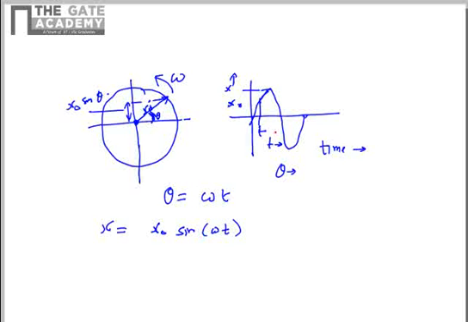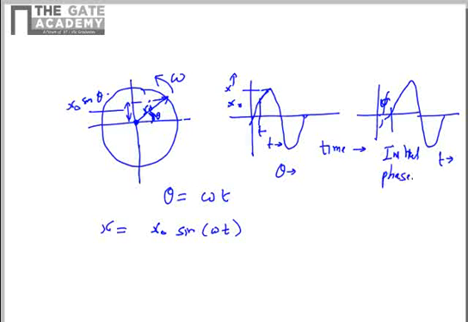And now if you are considering a wave which is shifted by some phase, so there is some initial phase, let's say phi. It is not starting from 0, so x equal to 0 is not happening at time 0, it is happening at some instant of time after t equal to 0.